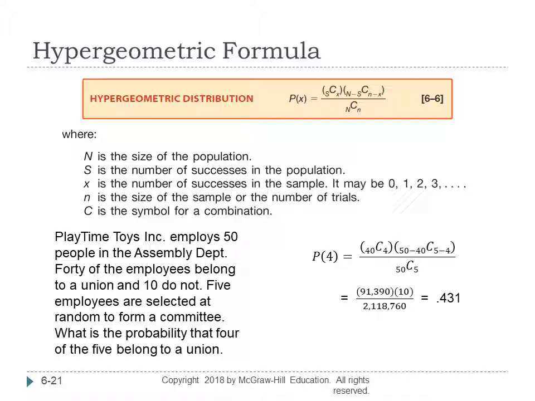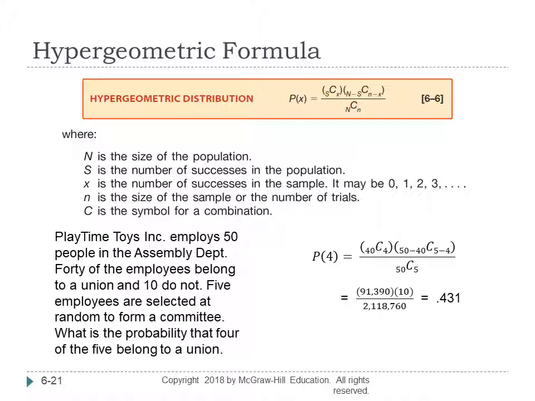Divided by capital N, choose small n, so 50, choose 5.